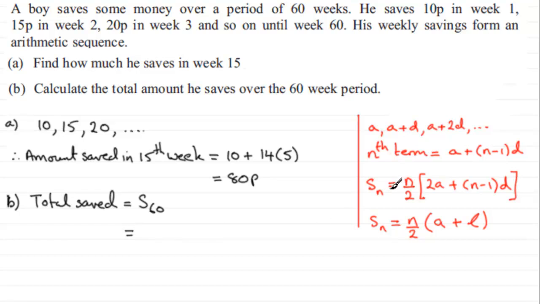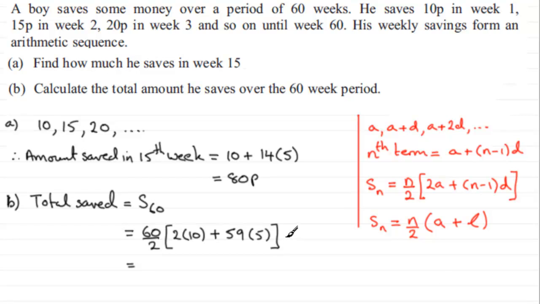If I plug those values in, we've got n over 2, so that's 60 over 2, multiplied by twice the first term, 2 times 10, plus n minus 1, which is 60 minus 1, in other words 59, times the common difference d, which is 5. It's going up in steps of 5. So it's just a simple case of working this out.